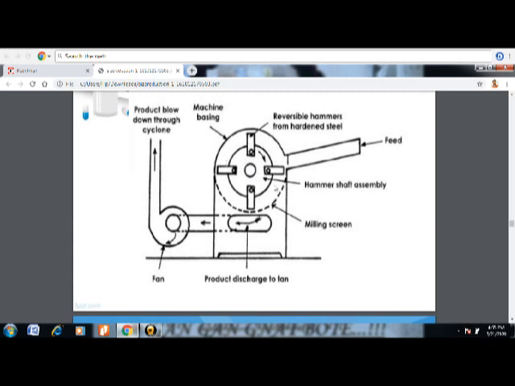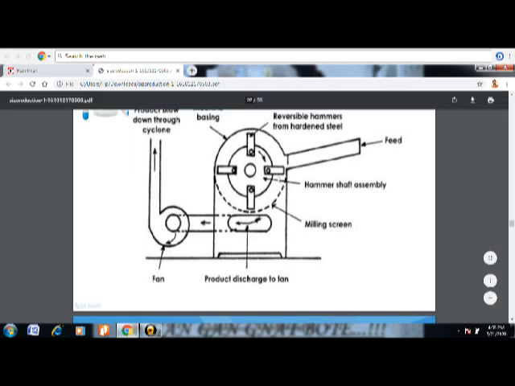Due to that these hammers are going to rotate and they are going to produce impact on the material, right. And due to that impact, the material which is present in this metallic casing is going to reduce in size, or grind, and that ground material will come out of this screen when it achieves that screen size.